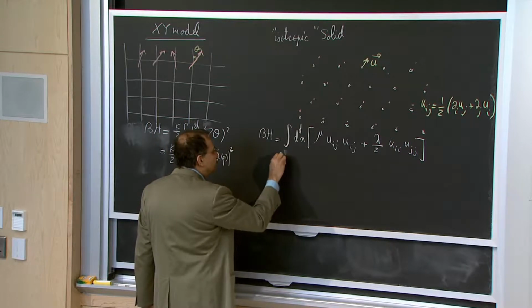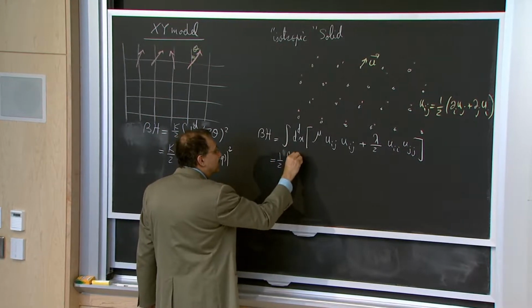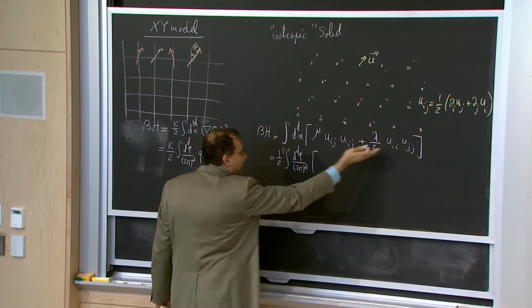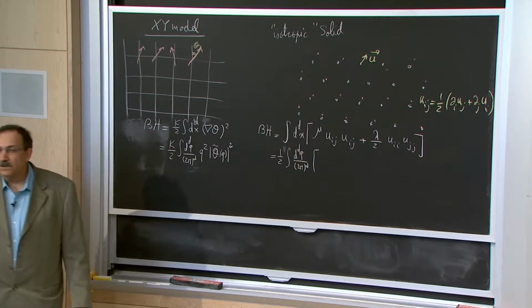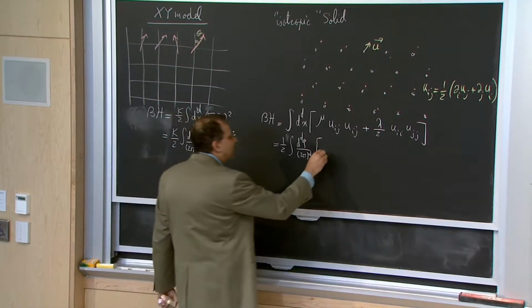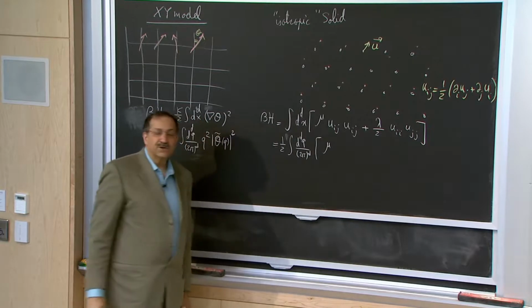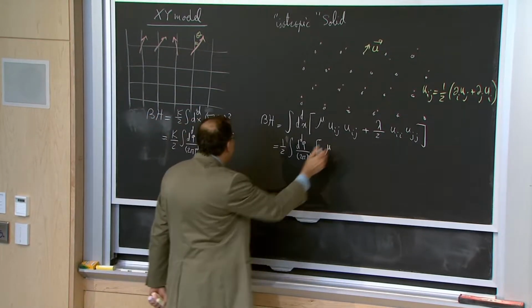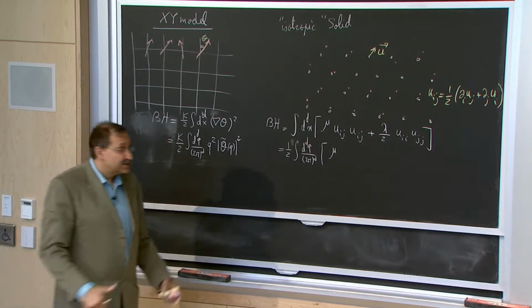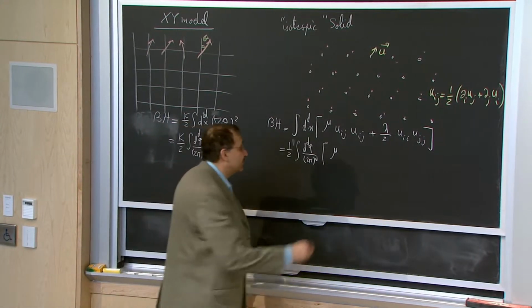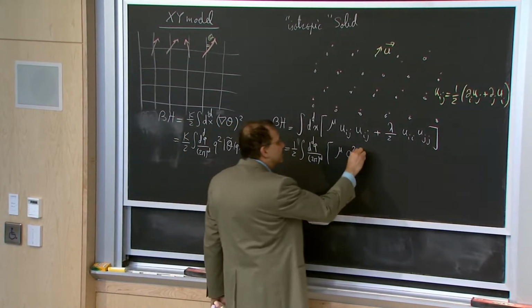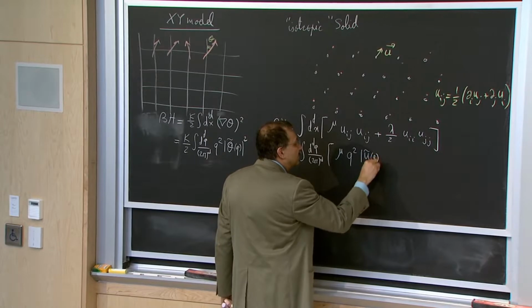I will get something like 1/2 integral d^d q over 2 pi to the d. And a little bit of work shows that this form Fourier transforms to something that is proportional to mu. Again, it has to be proportional to q squared because the energy should go to 0 as q goes to 0 for very long wavelength modes. And so we will have something like q squared times u tilde of q squared.